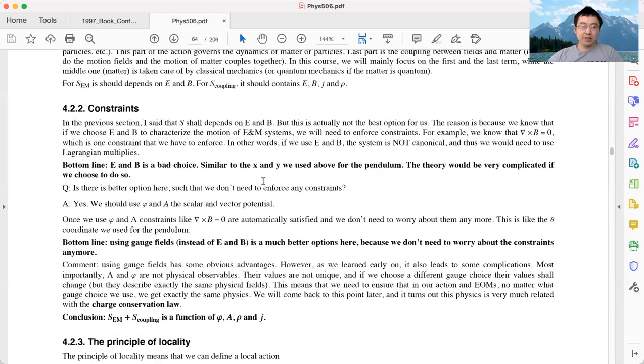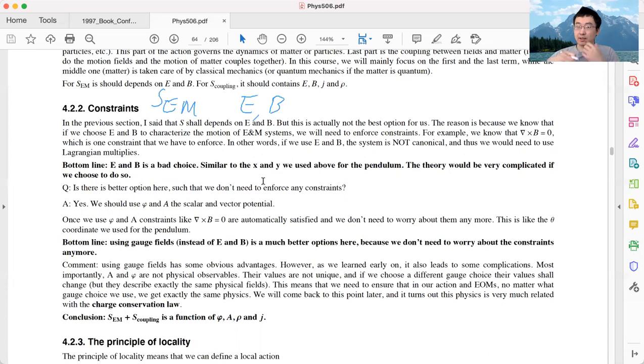Okay, let's go to the next part. This second part is related to the choice of coordinates. As we just mentioned at the beginning of this lecture, when we utilize the principle of least action, one very important step is to choose the coordinates. For our E and M action, we can choose to use the E field and the B field to describe the E and M field.